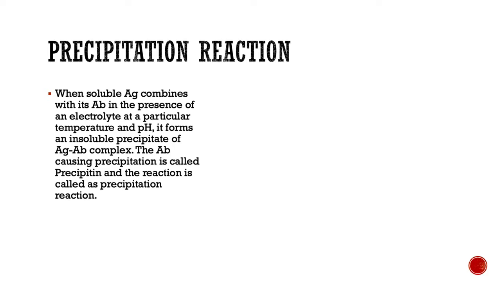So when the antigen and antibody are kept in a specific desirable environment, with the particular temperature, presence of electrolyte and comfortable pH, then the insoluble precipitate of antigen antibody complex will form, and this antibody causing the precipitation is called the precipitin, and the reaction is called the precipitation reaction.